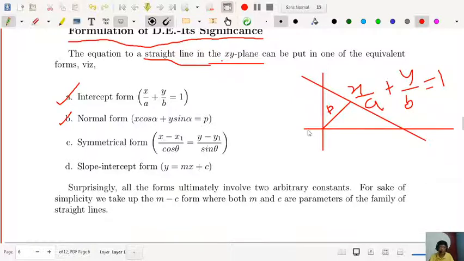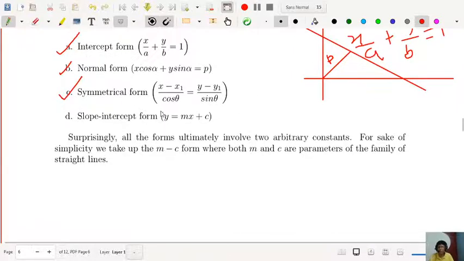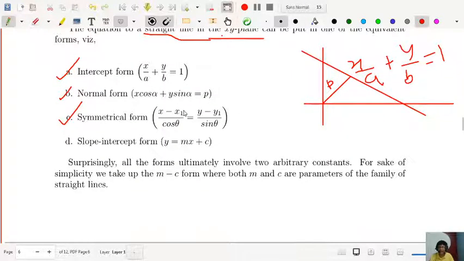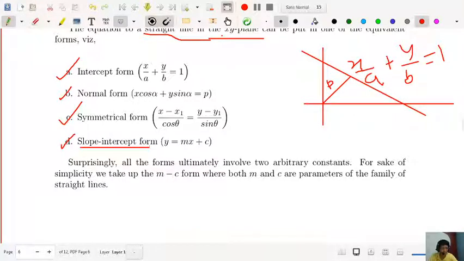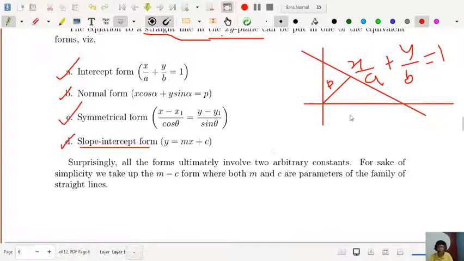Or the equation can be written in the symmetrical form, (x minus x1) by cos theta equal to (y minus y1) by sin theta. Or the slope intercept form, y equal to mx plus c, where m is the slope and c is the intercept.